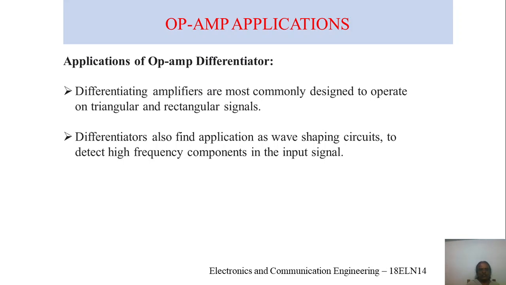They are also used in frequency modulators as a rate of change detector. Differentiating amplifiers are most commonly designed to operate on triangular and rectangular signals. Differentiators also find applications as wave shaping circuits to detect high frequency components in the input signal. This is one of the applications, the op-amp as a differentiator.